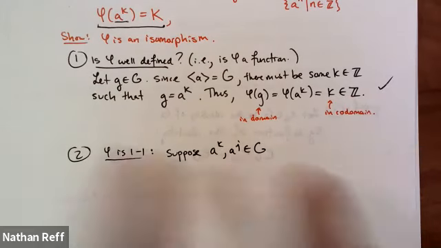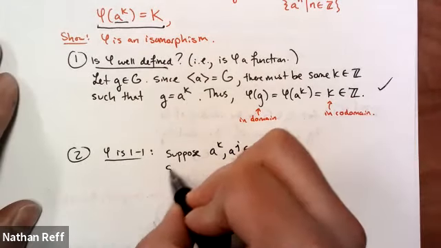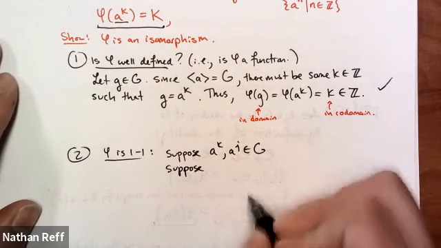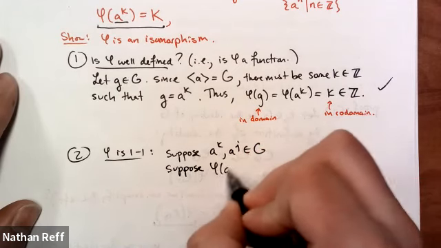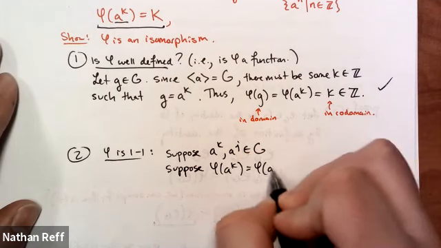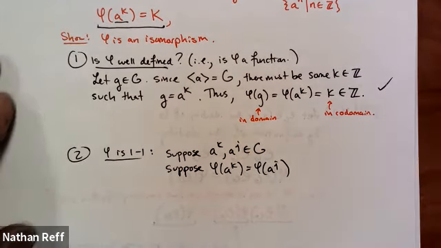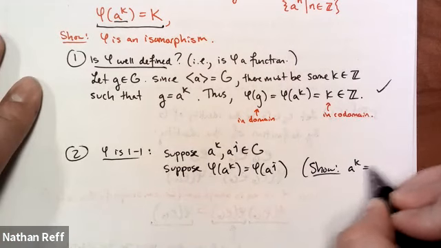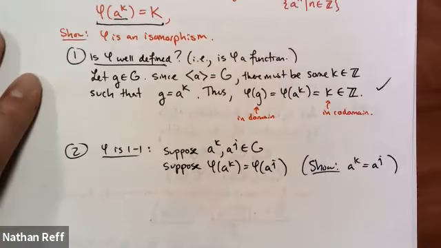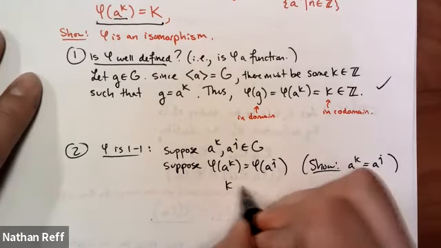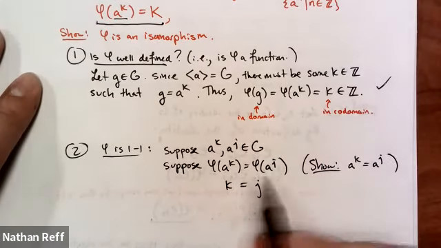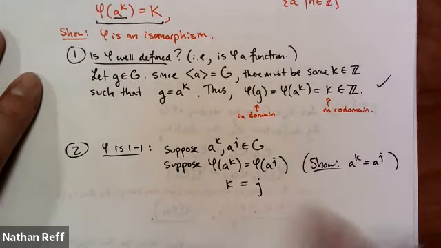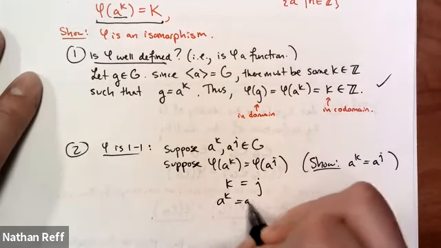Suppose phi of A to the K is equal to phi of A to the J. And what are you going to show? You're going to show they're actually equal to each other. Well, if that's true, then you have K is equal to J, because that's what phi does to those. Well, then certainly A to the K is equal to A to the J.